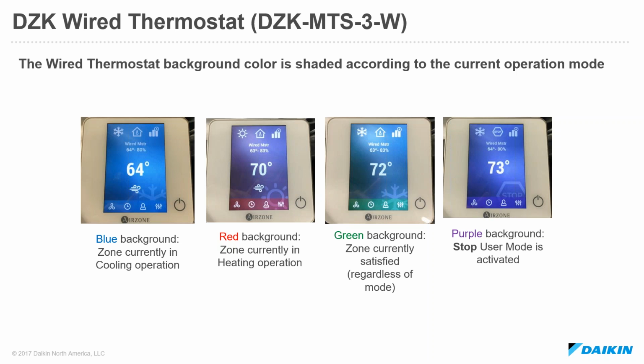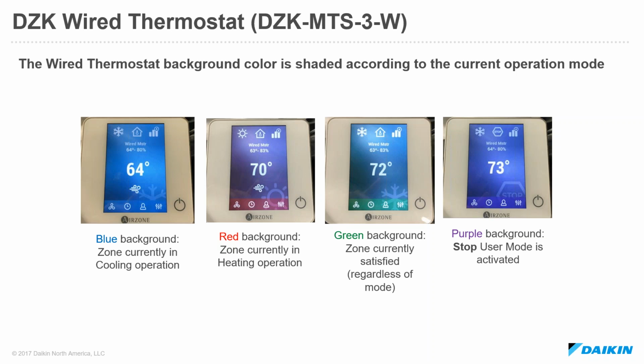When that zone has met the set point and the zone is currently satisfied, regardless of whether you are in cooling operation or heating operation, once that zone is satisfied, the background color of the DZK turns green. So it's essentially an indication of thermo off. In the image here, I can see the snowflake icon. That particular DZK is in cooling mode, but my particular zone there is satisfied, so the background of the screen just turns green.